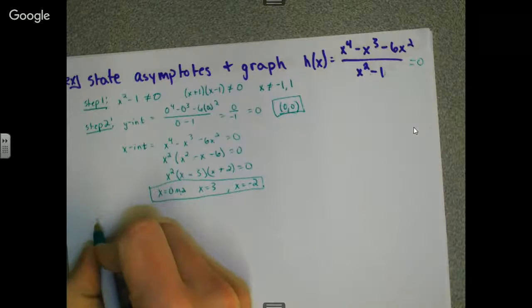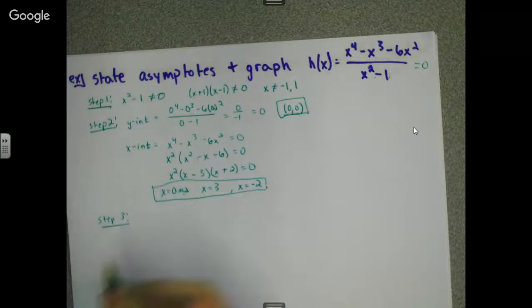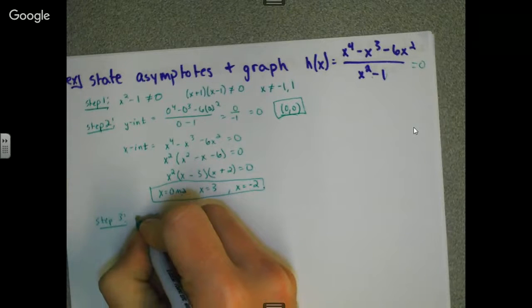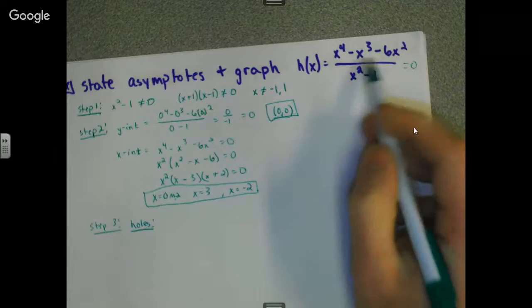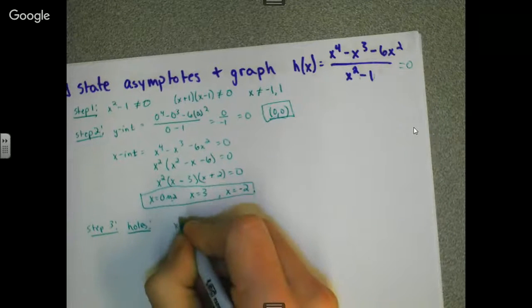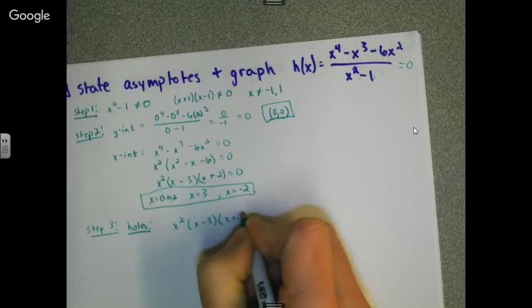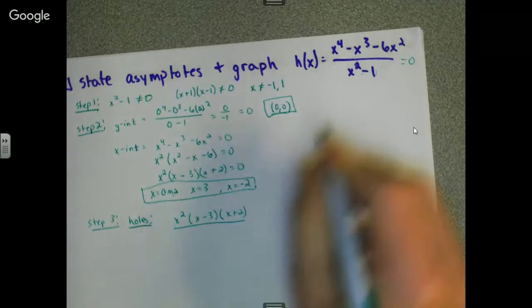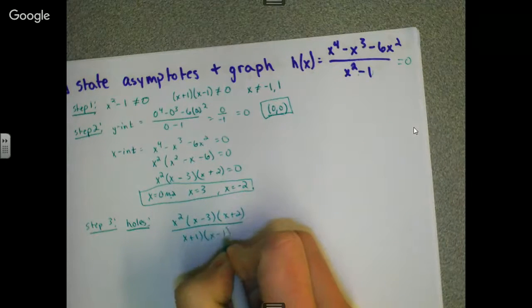So step 3 is find any holes. So that means we're going to completely factor this whole thing. So I factored the top right here. So x squared, x minus 3, x plus 2 over, that's a difference of squares right there, x plus 1, x minus 1.